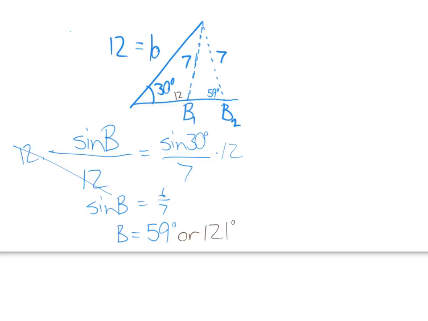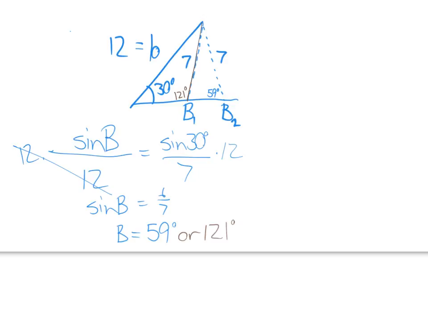If I had 121 degrees right here, is there anything mathematically that would contradict or make that impossible? No. 121 is bigger than 30, so 12 is bigger than 7. That makes sense. Here we actually have two completely possible triangles that we could make using a side of 7 across from an angle of 30 with a side of 12.